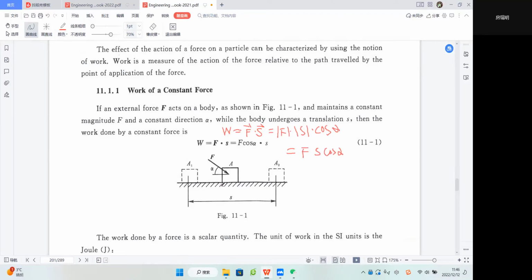Right? So actually the very interesting thing is we can decompose this F. I will draw two lines.